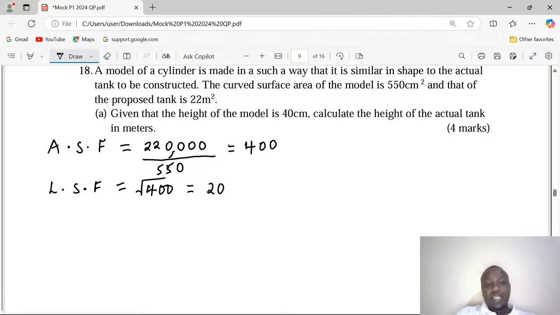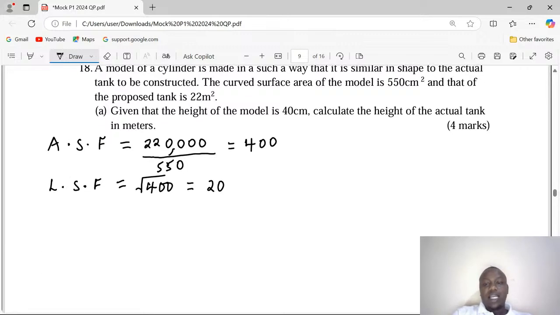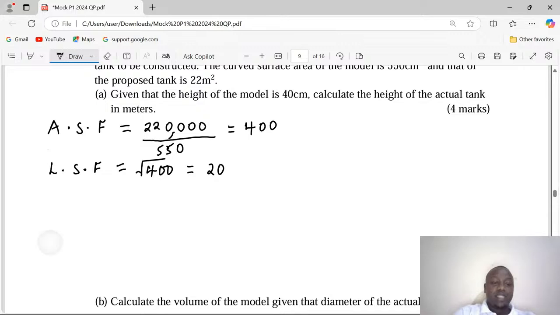Now with the linear scale factor, we can relate heights or any other distance. Given that the height of the model is 40, calculate the height of the actual tank in meters.